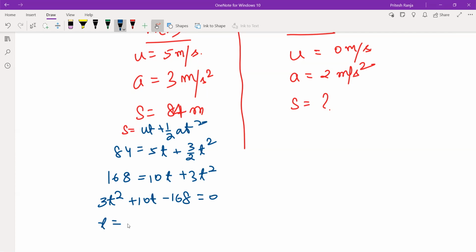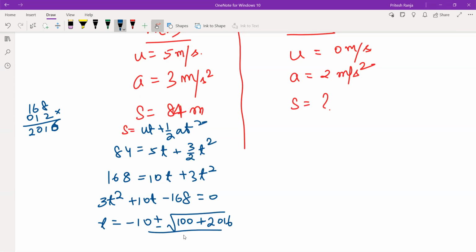So t will be, we will apply the quadratic formula or whatever form suits you. So minus 10 plus minus root b square minus 4ac, so 12 into 168, which is 2016, divided by 2a.